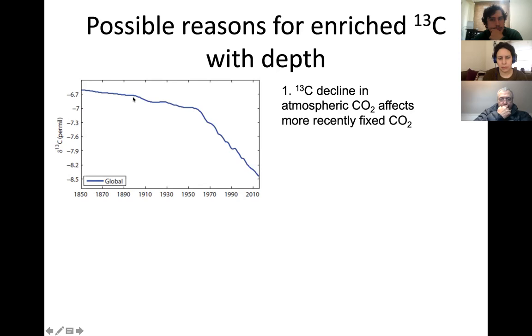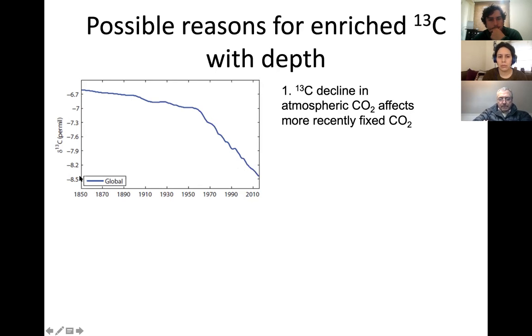But over time, as CO2 in the atmosphere has increased, and especially as it's increasing rapidly since 1950, the source of that CO2 is largely fossil fuel combustion and release from deforestation and burning in the biosphere. So what you see is a decline of delta C13 over time because the CO2 that we're adding to the atmosphere is low in C13 compared to what's there.